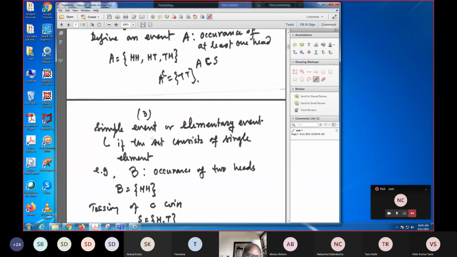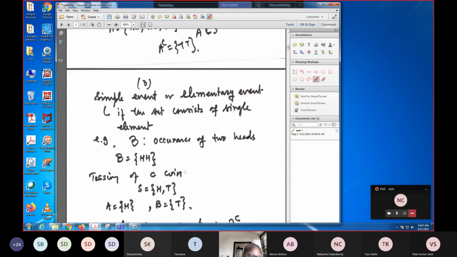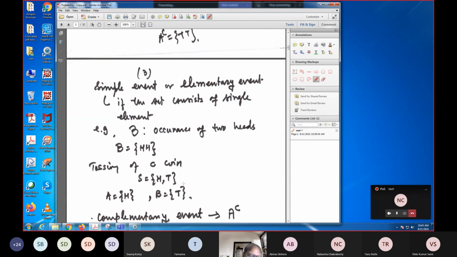Say for example, when you toss 2 coins, if I define occurrence of 2 heads, occurrence of 2 heads means HH. So this is an event because this is also a subset of the sample space. So this event I have denoted by B. So B is basically nothing but a simple event. Okay. Tossing up a coin, head and tail, these are the elementary events, or simple events.